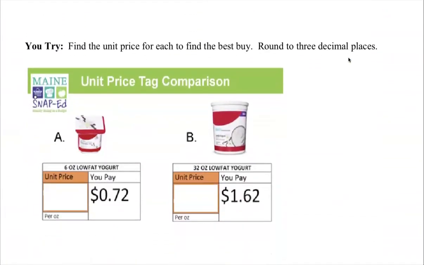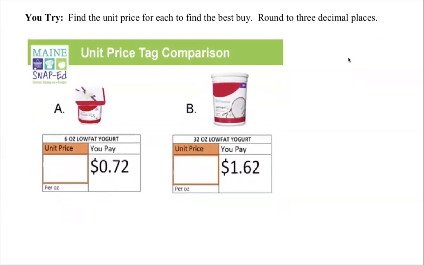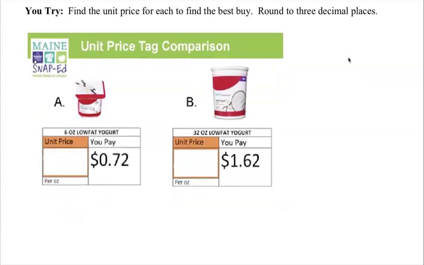Find the unit price for each to find the best buy, rounding to 3 decimal places. Okay, so what do we have here? 6 ounces of low-fat yogurt for 72 cents or 32 ounces for $1.62. There's a couple ways we could do this. Let's stick with the unit price way. So we'd take 72 cents for 6 ounces and divide that. 0.72 divided by 6 would give us 12 cents per ounce.